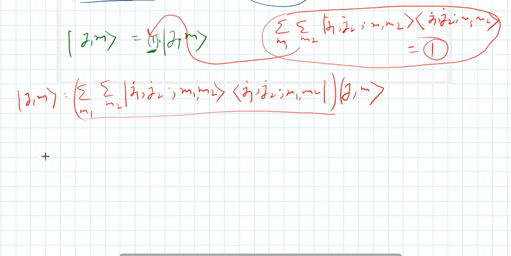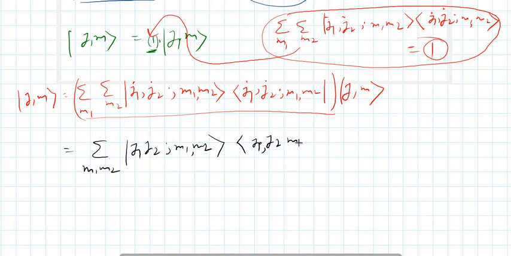This can be written as summation over m1, m2 of |j1, j2, m1, m2> and <j1, j2, m1, m2|j, m>.